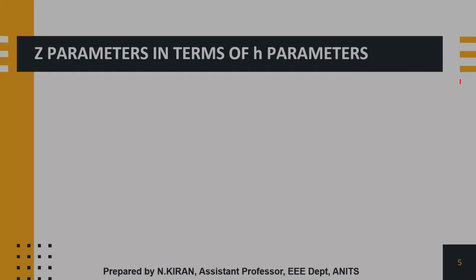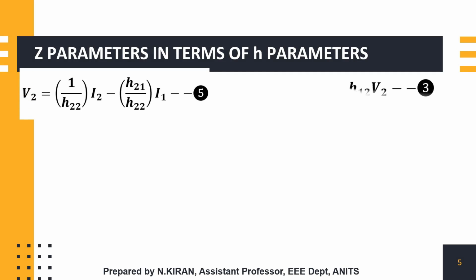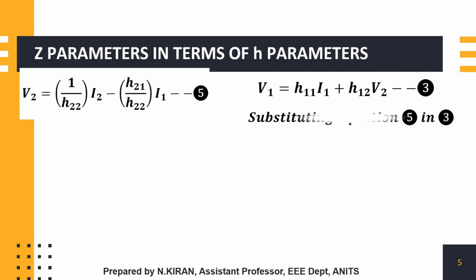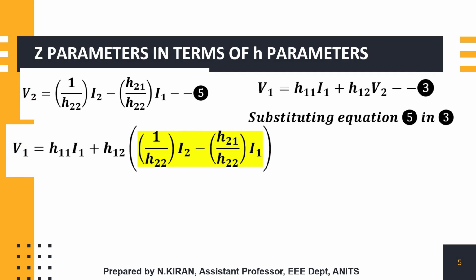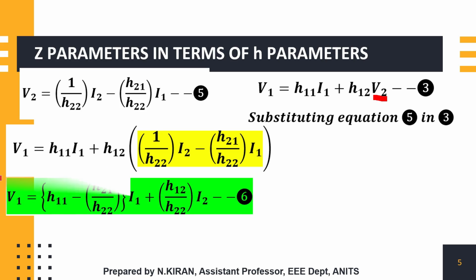After I substitute the fifth equation in the third equation, I'll get V1 is equal to H11 I1 plus H12, instead of V2, I'll substitute this, and on rearranging the terms, I'll get the following equation, which is indicated as sixth equation.